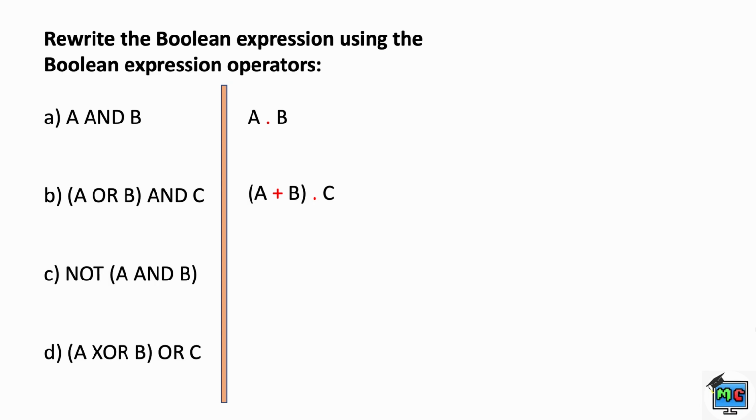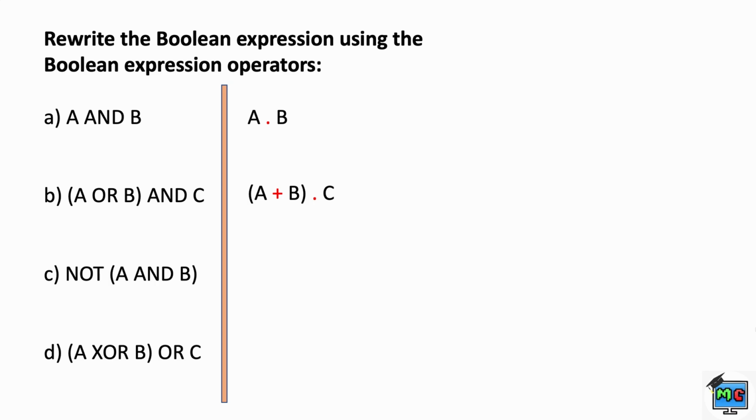Next one. This is an interesting one. We have to do the brackets first, remember. So A and B going through an AND gate. What would that be replaced by? A dot B. And that would be the brackets part done. And then what happens to the word NOT?